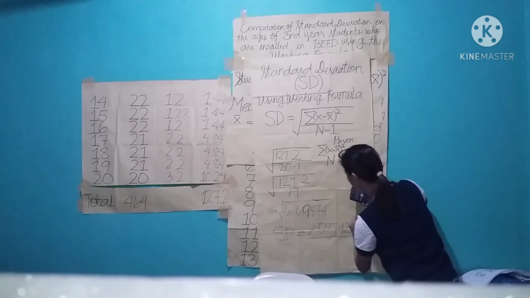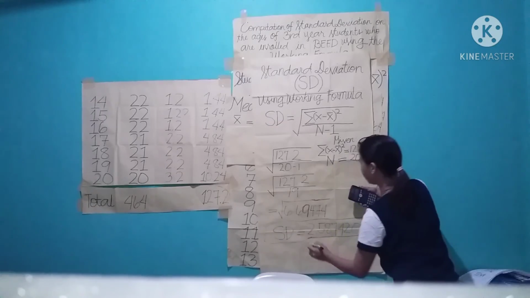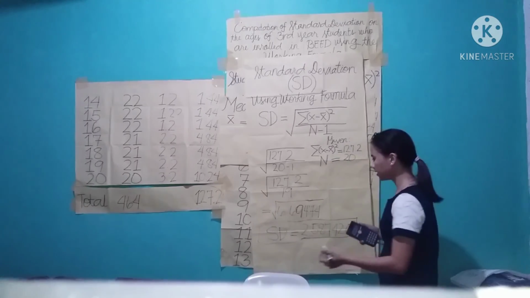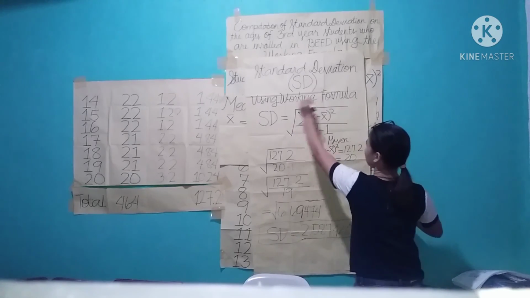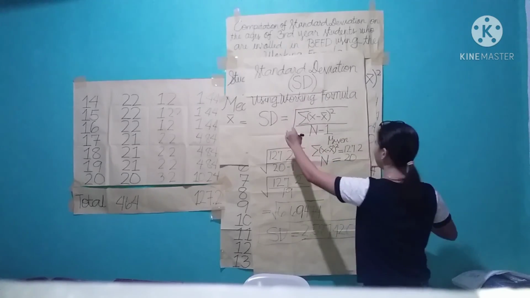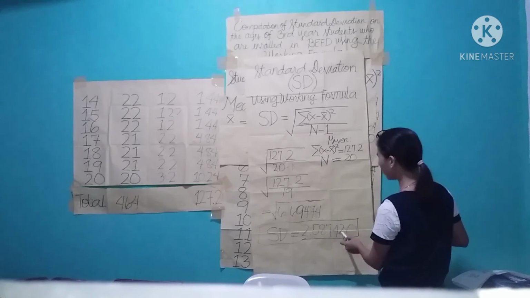Round off the decimal point. So this is the final total of the standard deviation using the working formula, 2.587420.